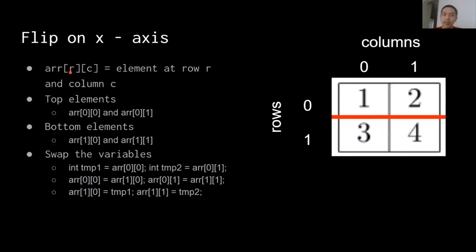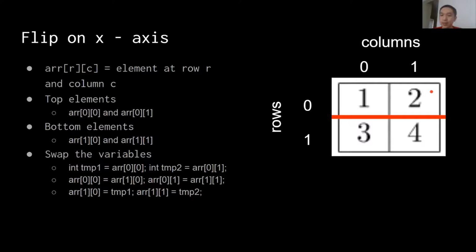I'm using R at C, right? So this is array at 0, 0. This one's array at 0, 1, because row comes before column. And the bottom elements are array at 1, 0 and array at 1, 1. So you kind of have to wrap your head around that.